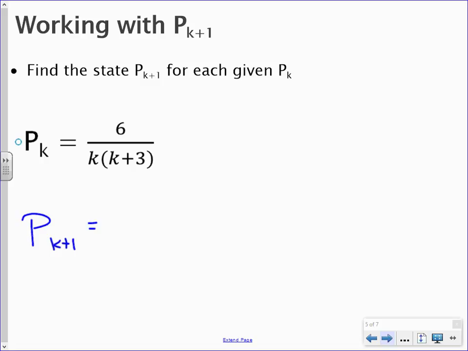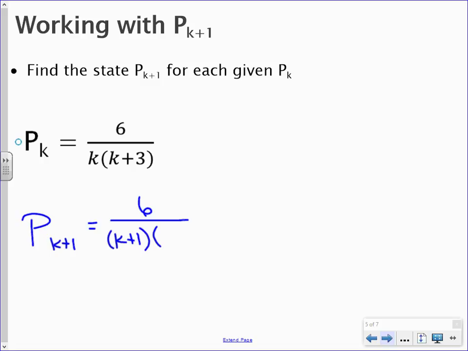Okay, anywhere there's a k, we're going to put a k plus 1. It is as simple as that. So we are going to have 6 over, instead of k, we are going to write k plus 1. And instead of k plus 3, we're going to have k plus 1 plus 3.